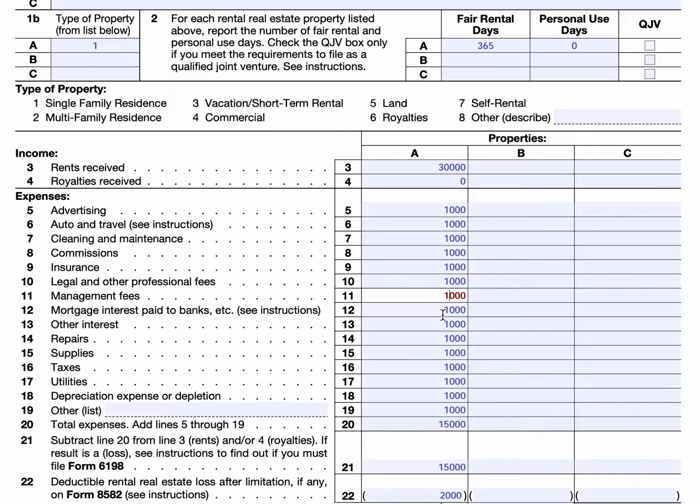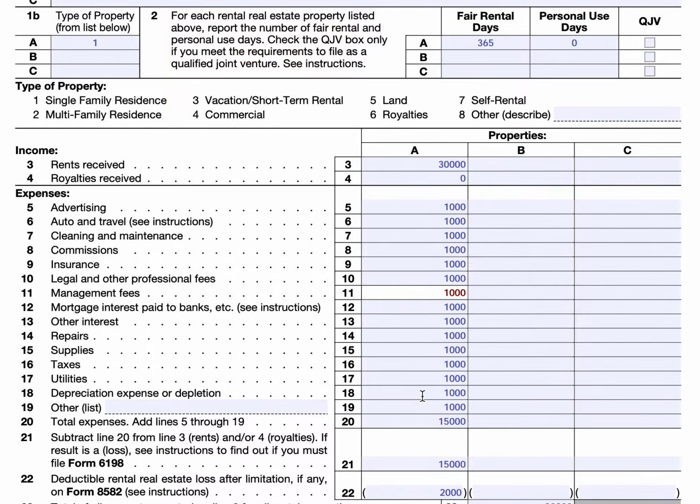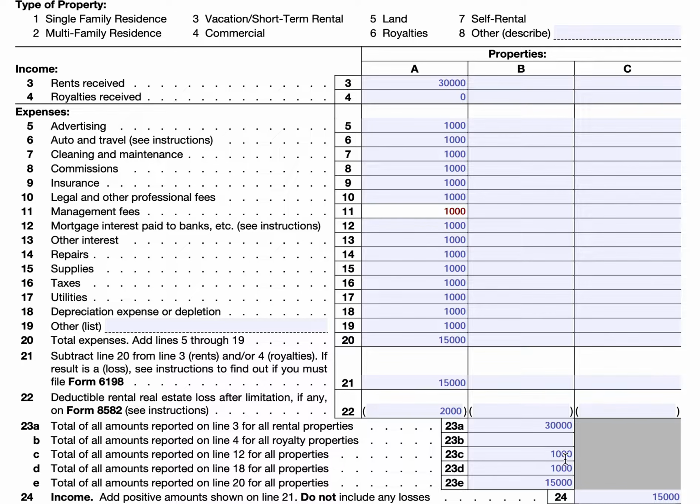If there's a limitation, then you need to complete that form before you can report either on line 12 or line 13. So, you would enter your total mortgage interest expenses also here on line 23C. So you'll see our $1,000 here also gets carried down here.